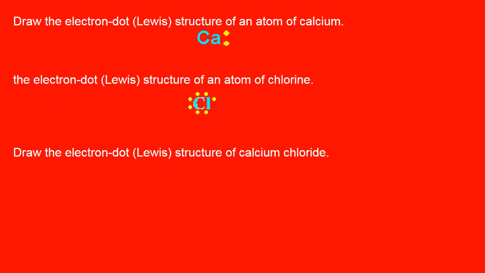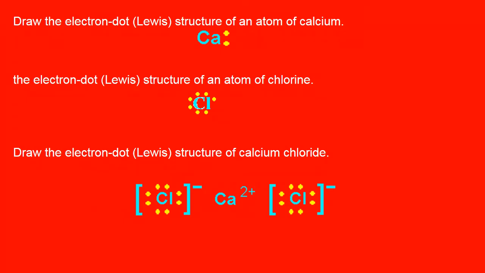First you write the symbol of chlorine, Cl, and put 7 dots, equal in number to the number of valence electrons. Then finally draw the electron dot formula for calcium chloride.